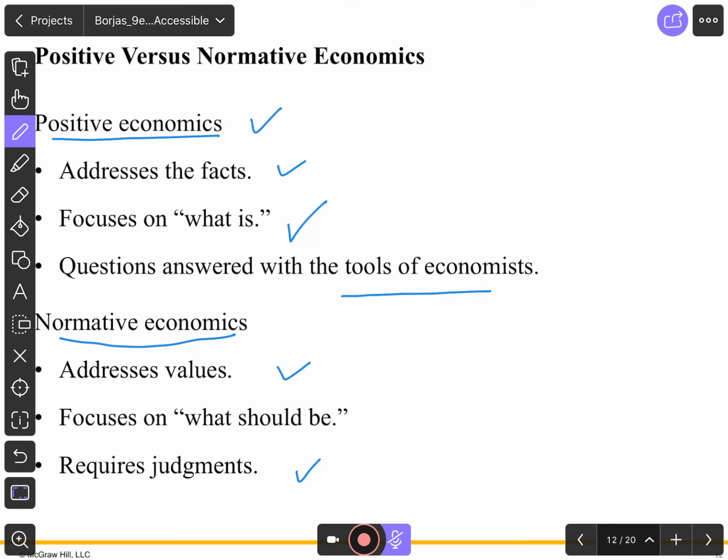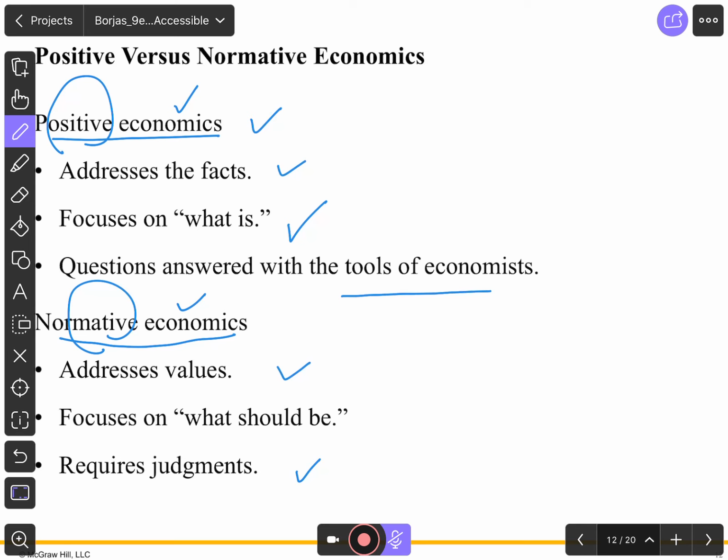So you might have an article, and in this article we have a mix of positive and normative, facts and opinions, right? And it's like what we have taken before, maybe in elementary school. You would be given a paragraph and the question would be whether this is positive or normative economics, or in other words, whether this is a fact or an opinion, okay?